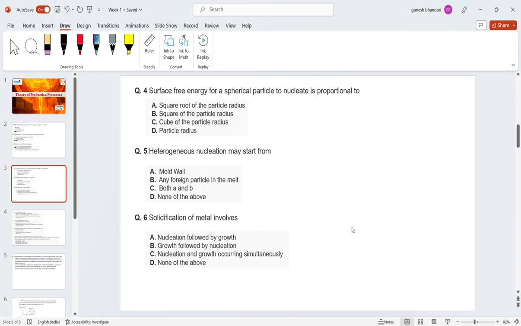So when we talk about surface free energy, suppose as the tin starts diffusing in it, and if I need to determine the surface free energy, at higher temperature the diffusion is more, so more intermetallics will form.